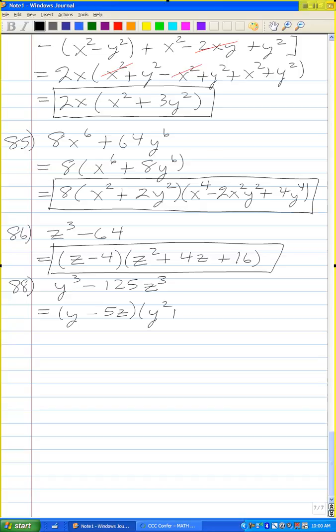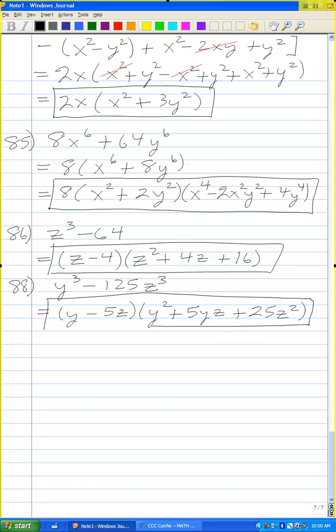Change sign, plus. Multiply the two terms, y times 5z, 5yz. Square the last term, 25z squared. And I am done. Everything remaining cannot be factored over the integers.